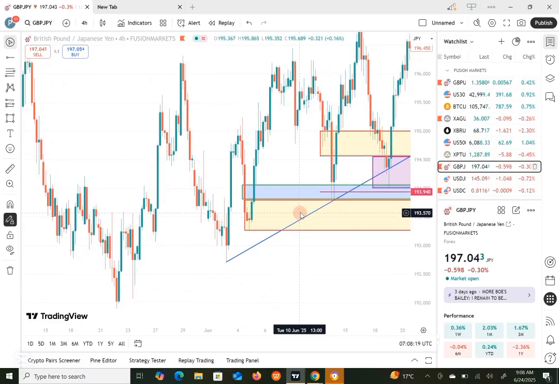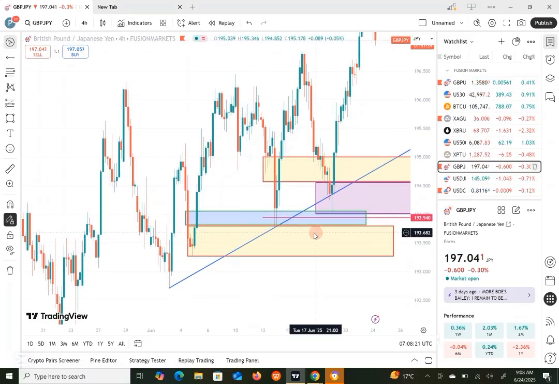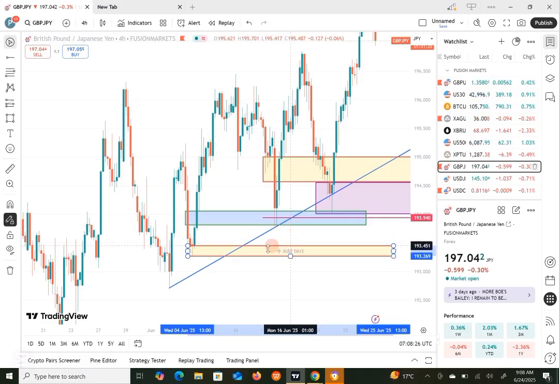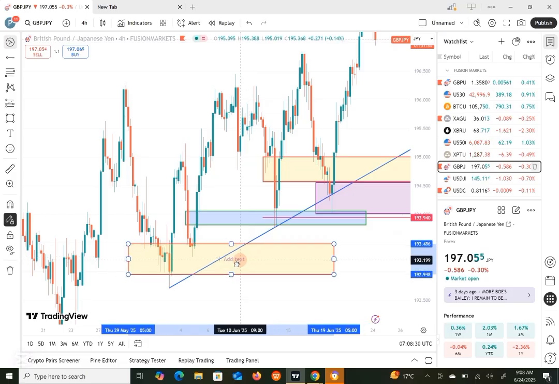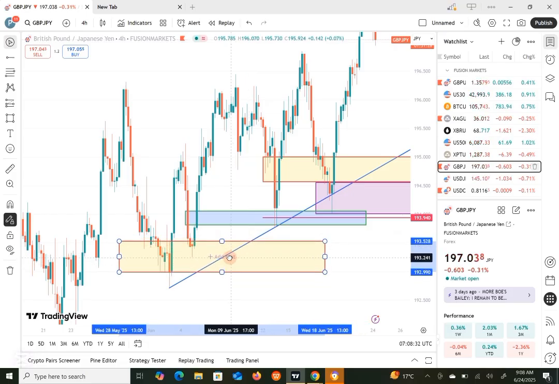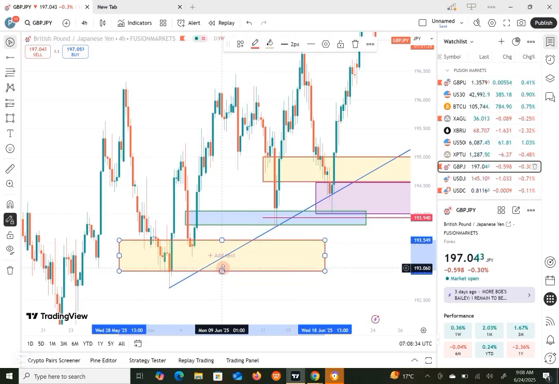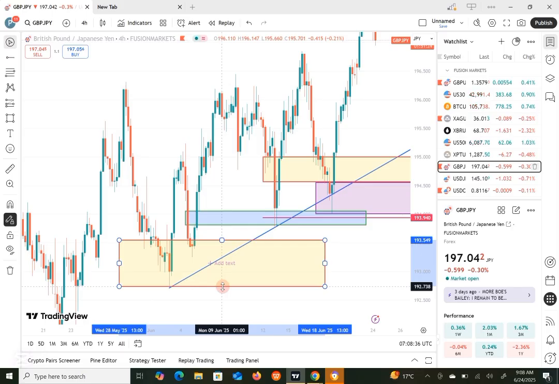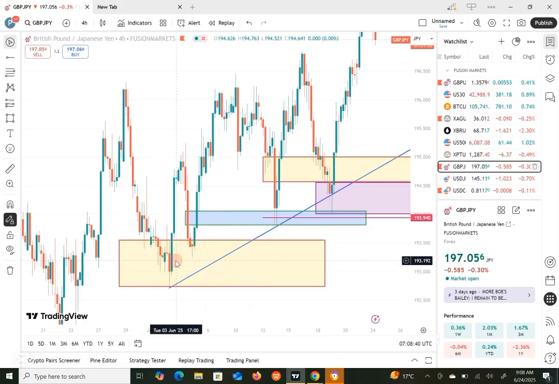Looking at this one here, let me just do another one before we finish. Okay, where we had our order block there, this was our order block, this bearish candlestick here.